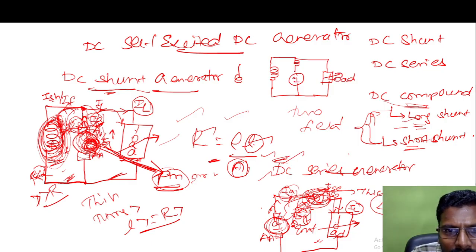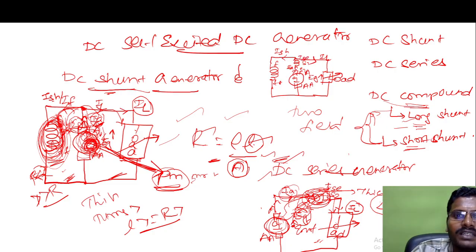This is the generator armature, brush, A, S1, S2, F. The current here will be IA, and EG is the generator voltage. This is the IL current, and this will be ISE, the series current.